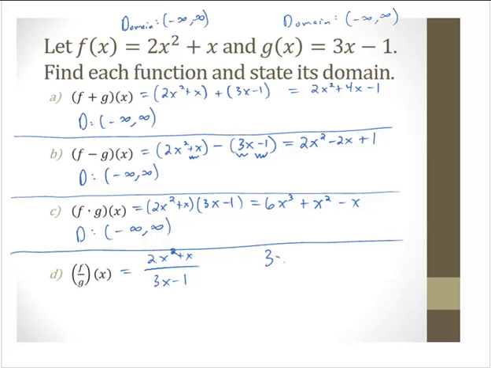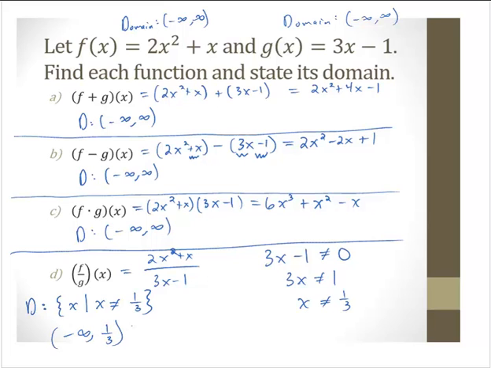So 3x minus 1 cannot be 0, which implies that 3x cannot equal 1, which implies that x cannot equal 1/3. So we can write the domain as the set of x such that x is not equal to 1/3. We can write the domain using interval notation as negative infinity to 1/3 union 1/3 to infinity.